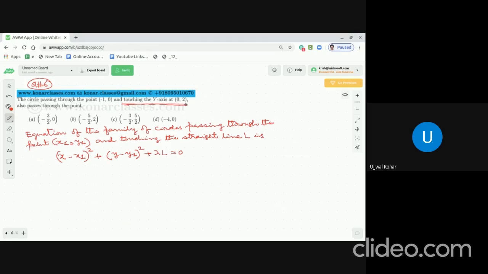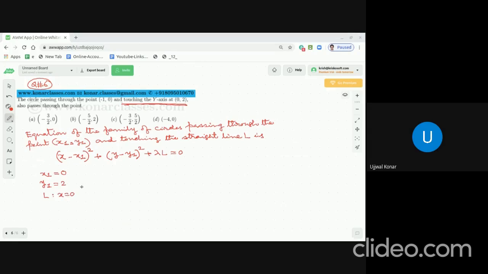If we just go through this statement, dear students, what can we make out of it? That x1 comma y1 is nothing but 0, 2. So we can write that x1 is equal to 0, y1 is equal to 2, and touching the y-axis. What is the equation of the y-axis? Equation of the y-axis is x equal to 0. So that means that L is nothing but x is equal to 0.